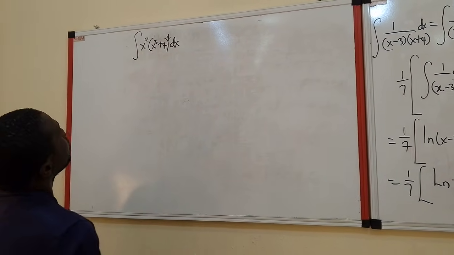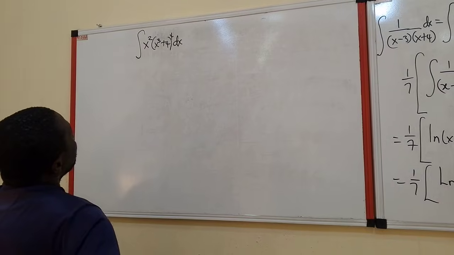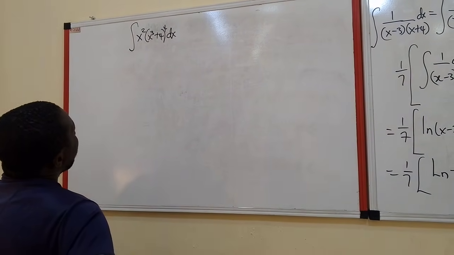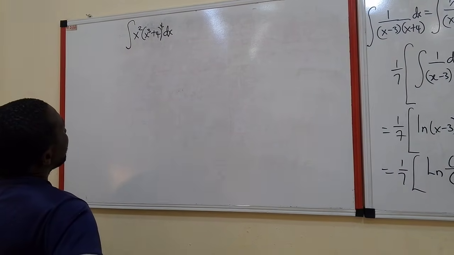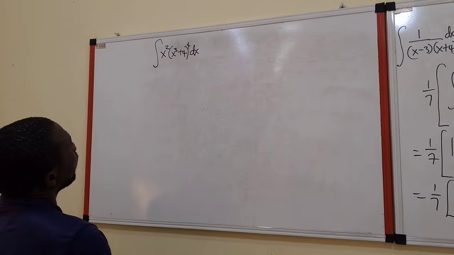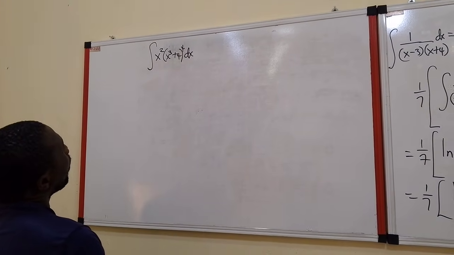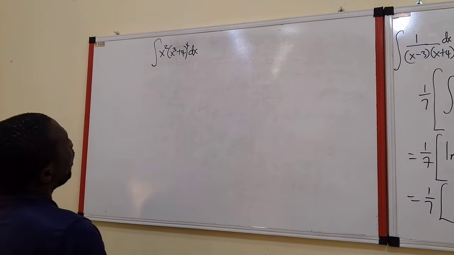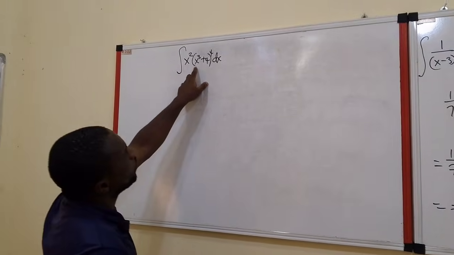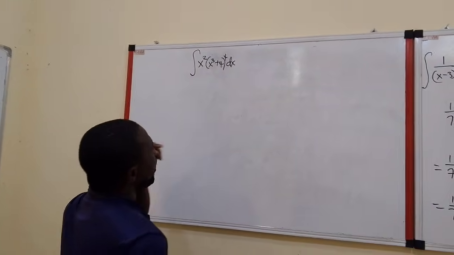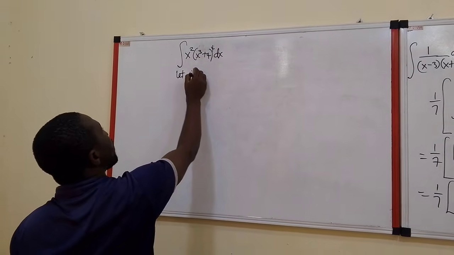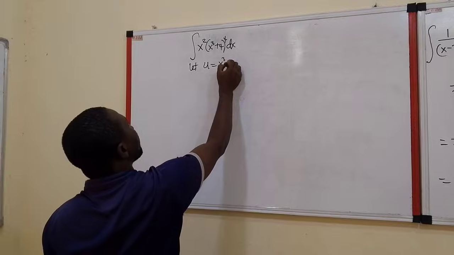Very simple. We are going to say, let x raised to 3 plus 4 be u. X raised to 3 plus 4 that is inside the bracket, let it be u. We are applying u substitution. Let u equal x raised to 3 plus 4.